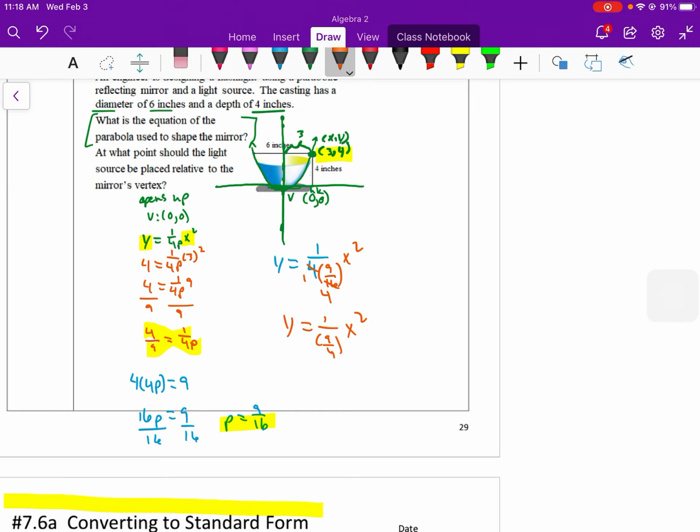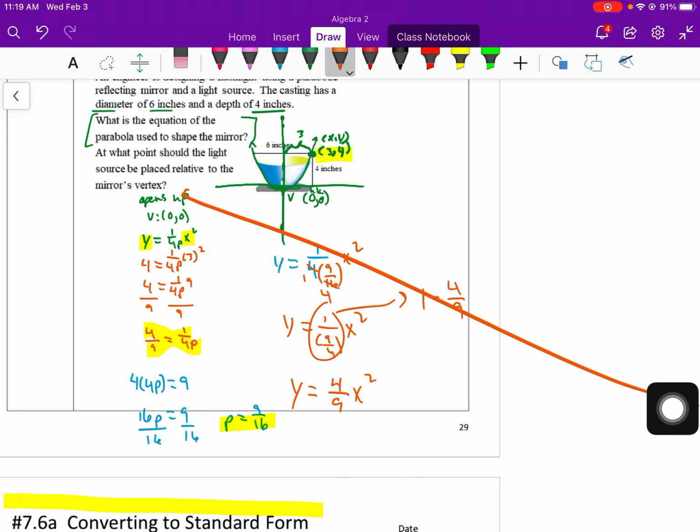So we're going to want to take the reciprocal so that we get y equals 4/9 x squared. Because when we do that, taking the reciprocal of 1 times 4/9, it simplifies to just 4/9 here. So that's how we get the standard form. So that's the first question it asks.